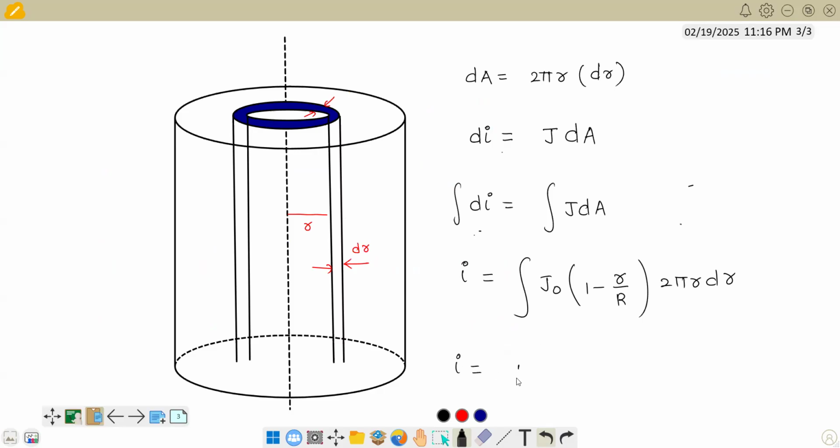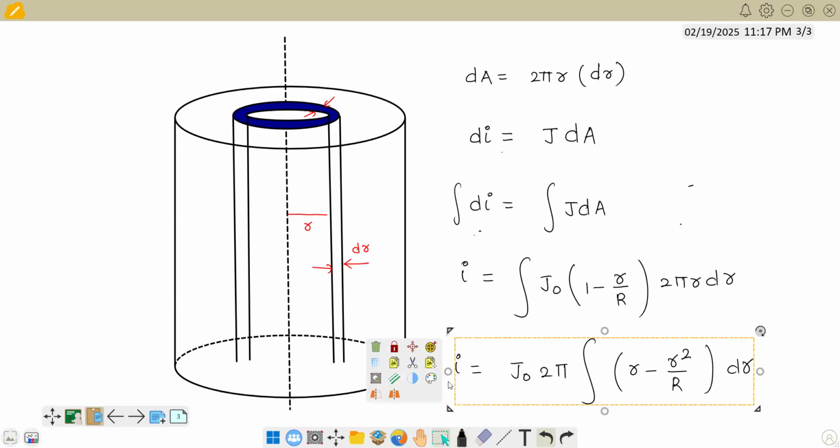I equals J naught, which would be outside, 2 pi also outside. So I can write the integral of r minus r square by R into dr. Let me take it to the next page. So we basically get J naught into 2 pi.